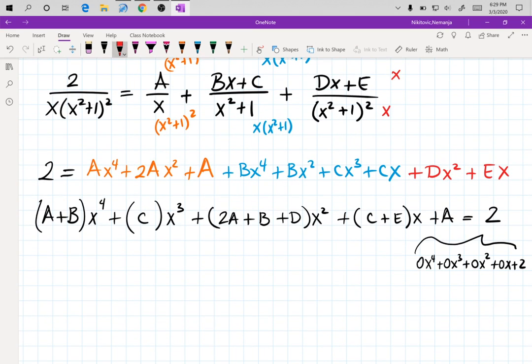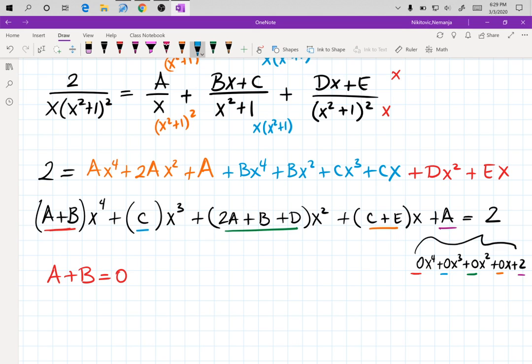For my red equation, I have a plus b with a 0. My blue equation, c is 0. My green equation, x squared and a 0 for x squared. My orange equation is 0. And finally, purple, a is 2. So red equation, a plus b equals 0.